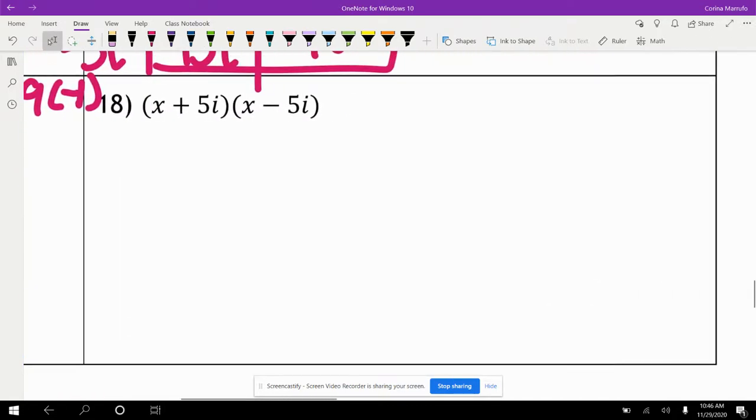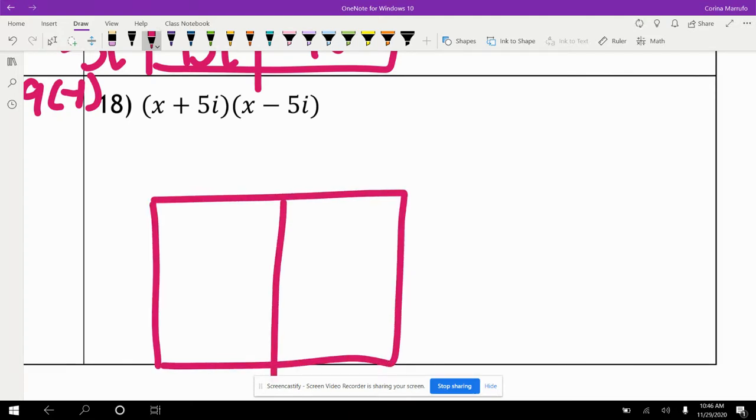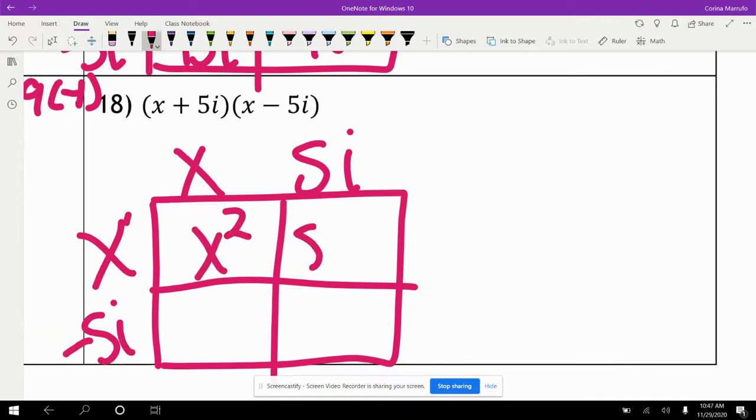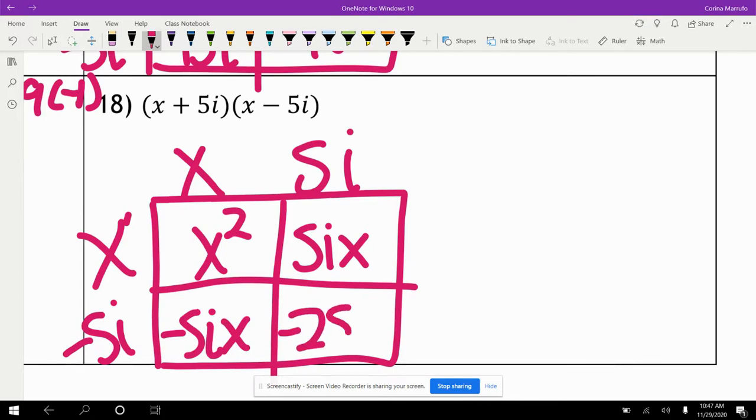All right, the last one. Here we have x plus 5i and x minus 5i. So I go ahead and make my box. We multiply: x times x is x squared, 5i times x is 5ix, negative 5i times x is negative 5ix, and negative 5i times 5i gives us negative 25i squared.